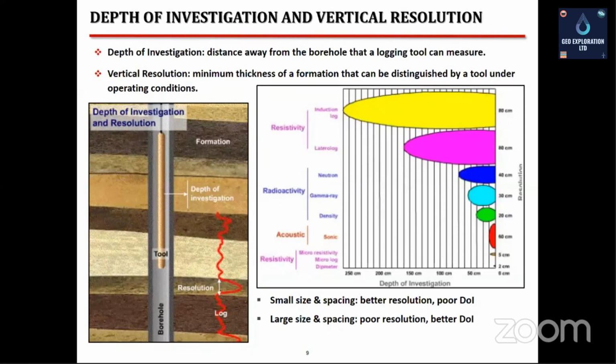However, they give us better depth of investigation, which ranges from 1.7 to 2.5 meters into the wellbore. Sonic, density, gamma ray and neutron logs have resolutions and depth of investigations between the above two.